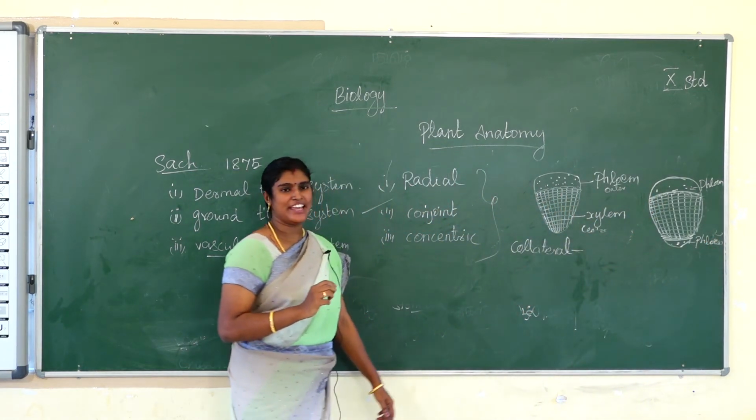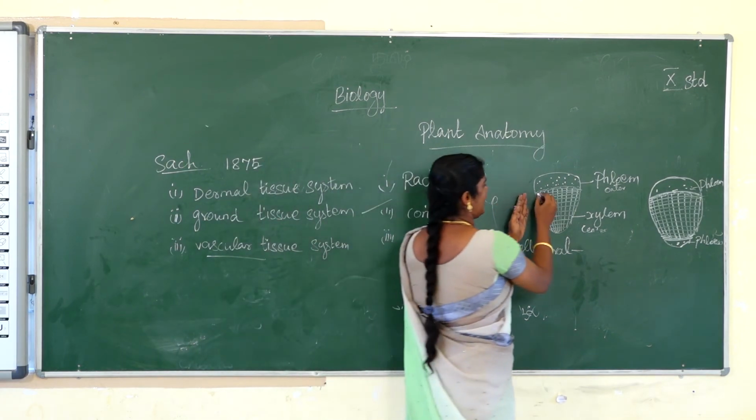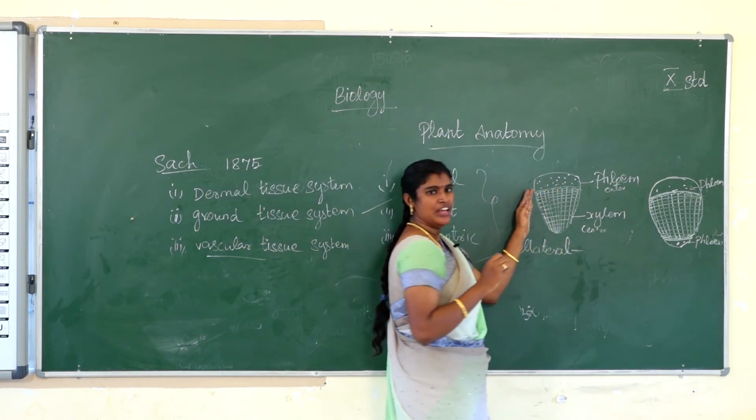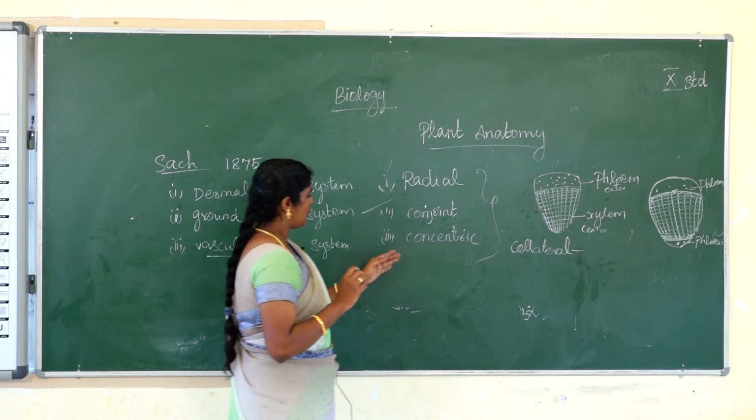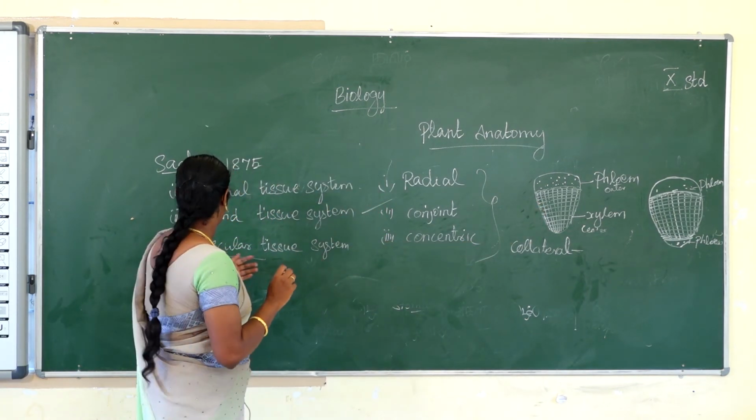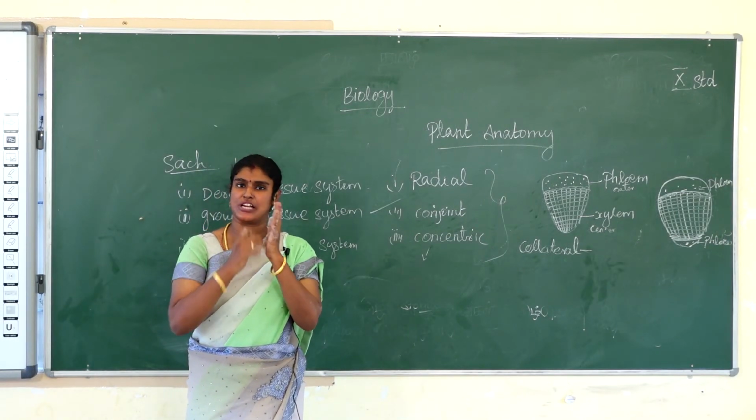When cambium is present in between the collateral bundle, it is called open. Without cambium it is called closed. Next type, concentric, where xylem completely surrounds the phloem or the reverse. There are two types, amphivasal and amphicribral. Amphivasal means xylem surrounds the phloem.